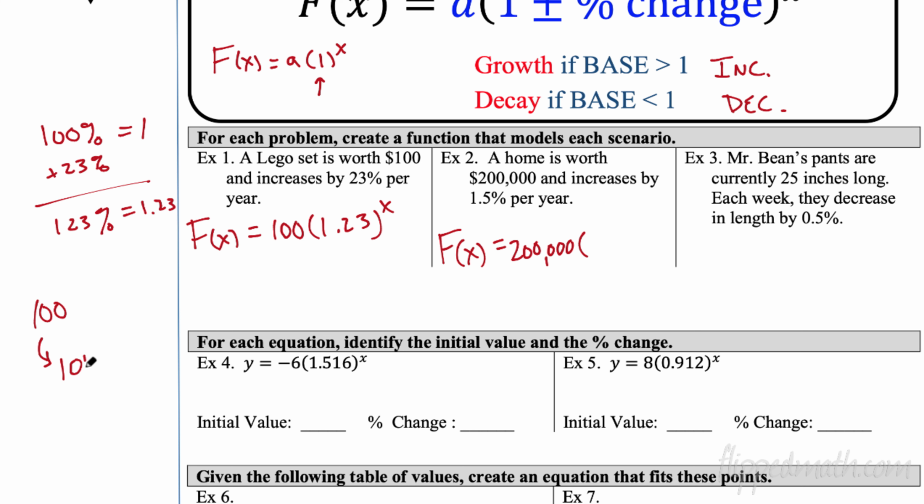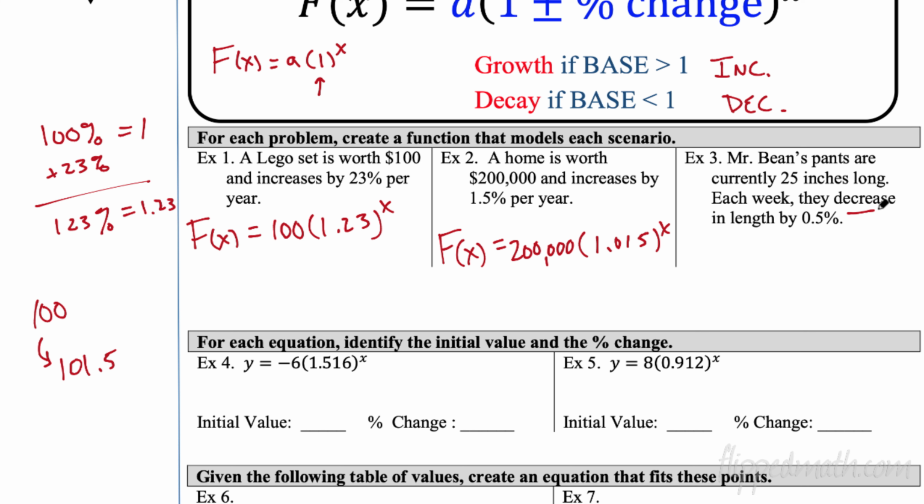So this is going to go to 101.5%. Now, if I want to write that as a constant multiplier, we move the decimal and we get 1.015. And that's raised to the x power. See how that works?